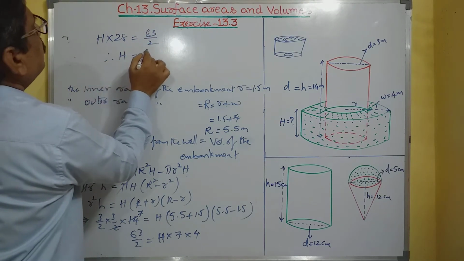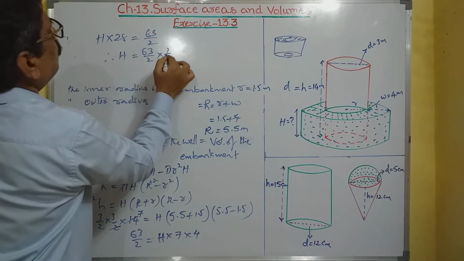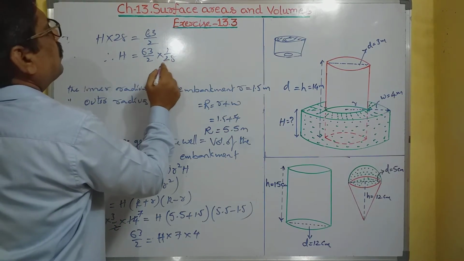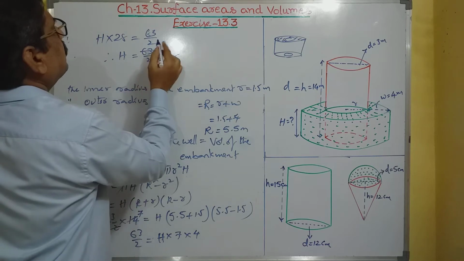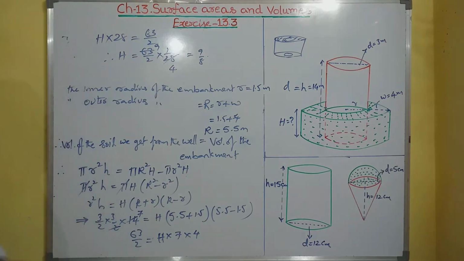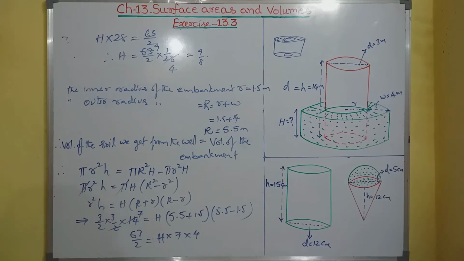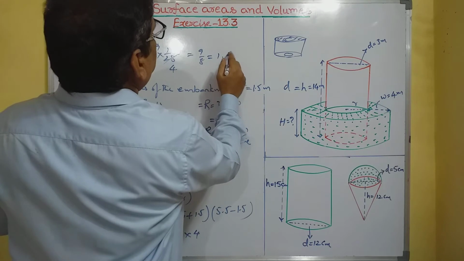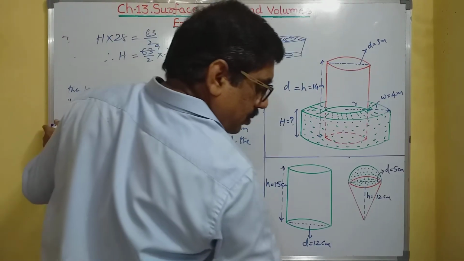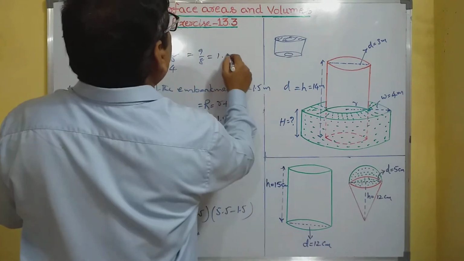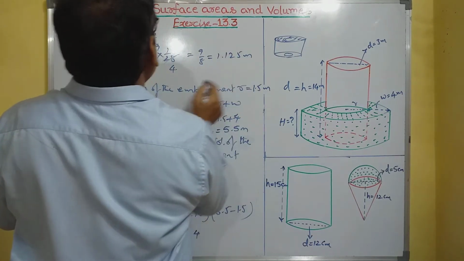Therefore, capital H is equal to 63 by 2. This 28 will be in the denominator. Now, 7 4s are 28, 7 9s are 63, is equal to 9 by 8. Okay? So, if you divide, you will get 8 1s are 8, and again if you divide, finally you'll get 1.125 meters.